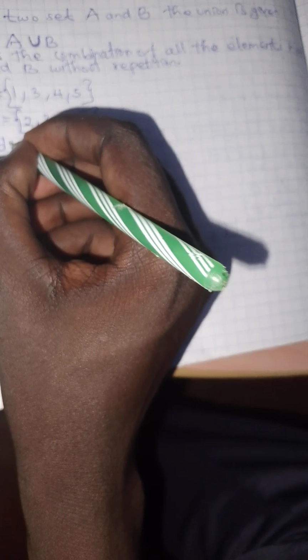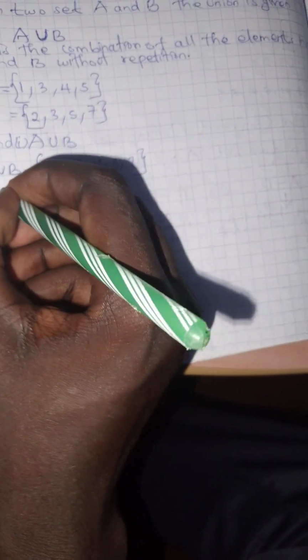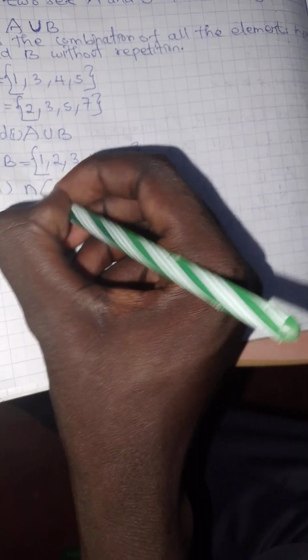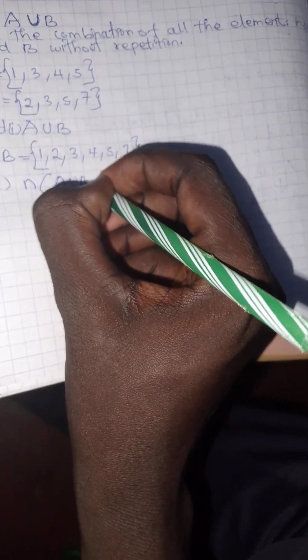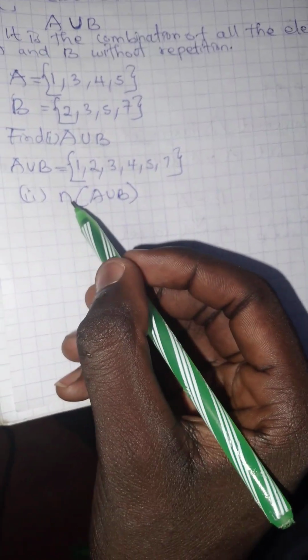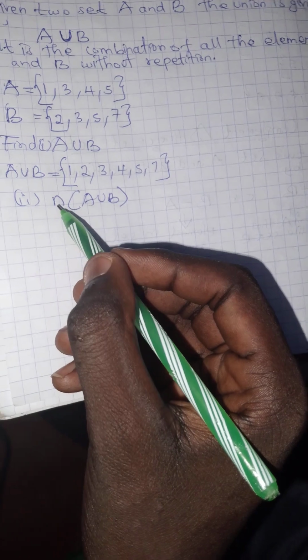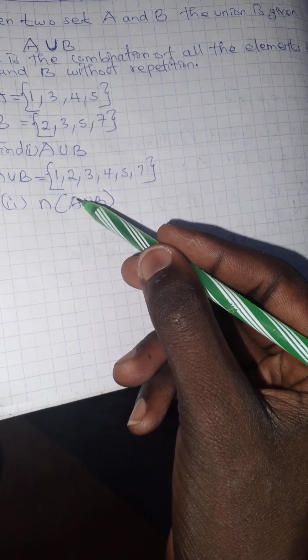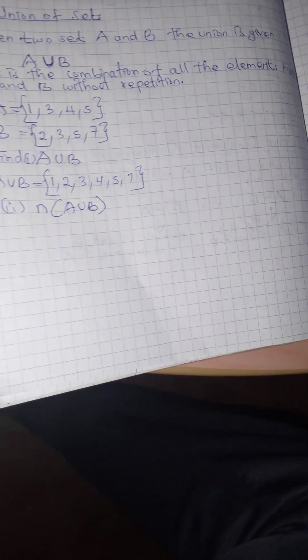And this was Roman 1 and Roman 2, and n of A union B. This n, from our previous video, means the cardinality of the set A union B. Cardinality is the number of elements in a given set.